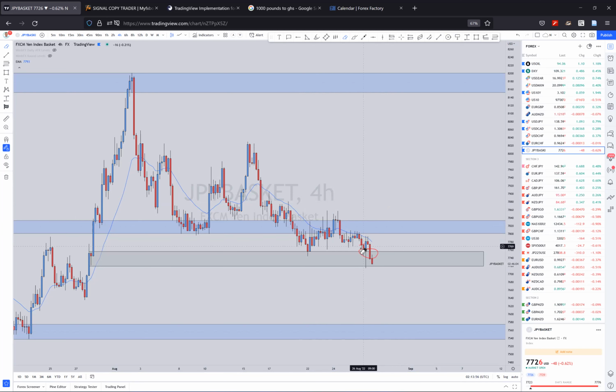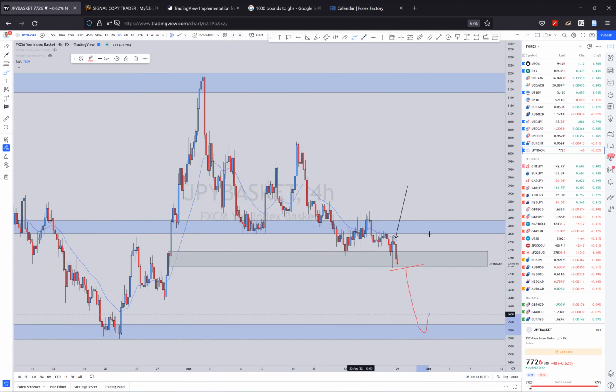But from the way we had a first rejection and pulled back and rejected the EMA, there is a high chance we are going to break below. If we break below, that means the yen's weakness is going to continue all the way to the next liquidity at this level here.